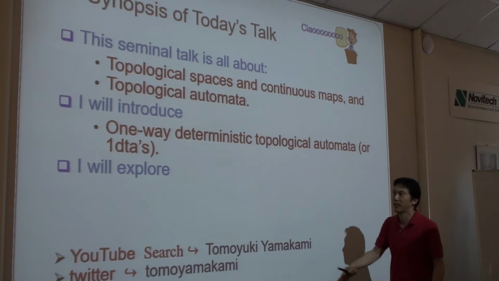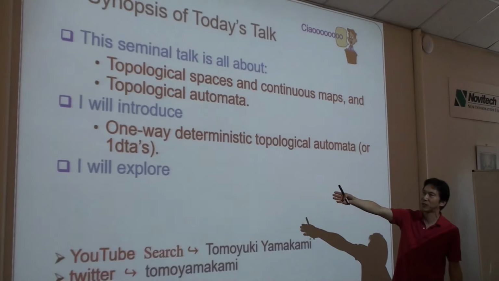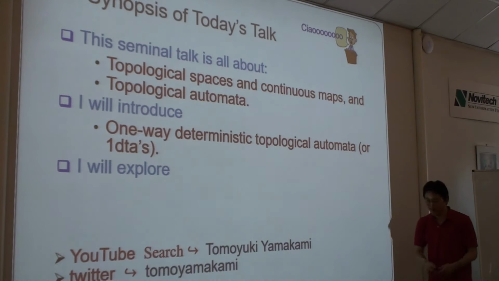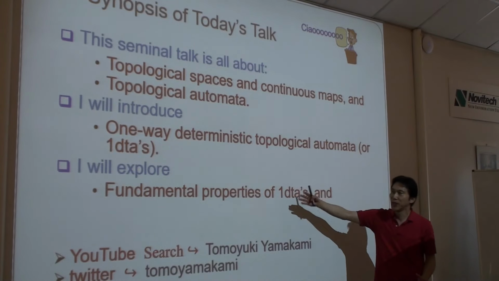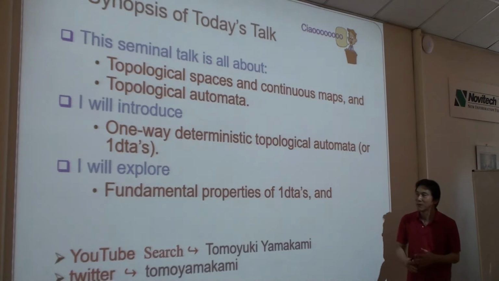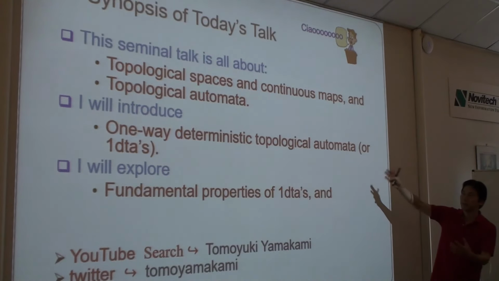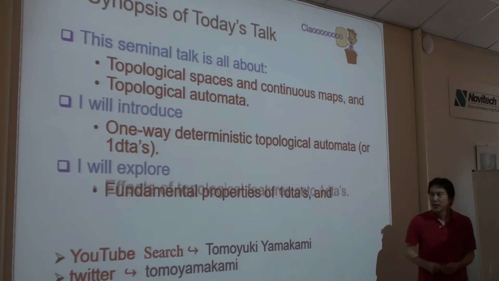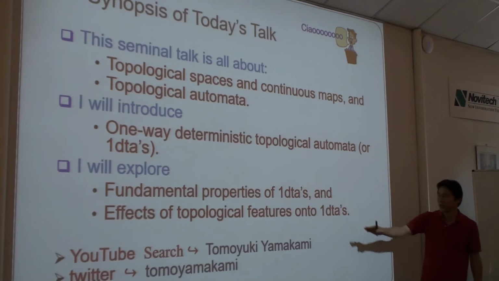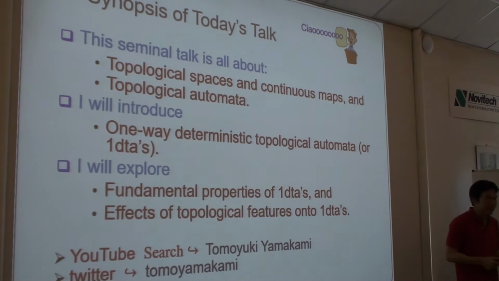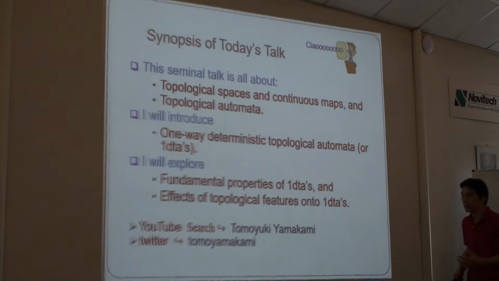The shorthand is 1DTA, deterministic topological automata. Through this talk, I'm going to explain the fundamental properties of this particular machine model, and also explore some effects of the topological features using this 1DTA. That's the main purpose of this talk.